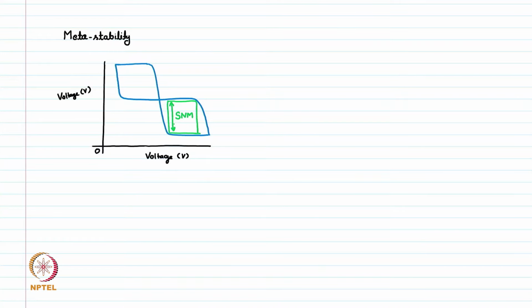This is called the static noise margin, which is very important to handle the noise in the system. It dictates how much noise our circuit can handle without corrupting its data. So, that is called the static noise margin.